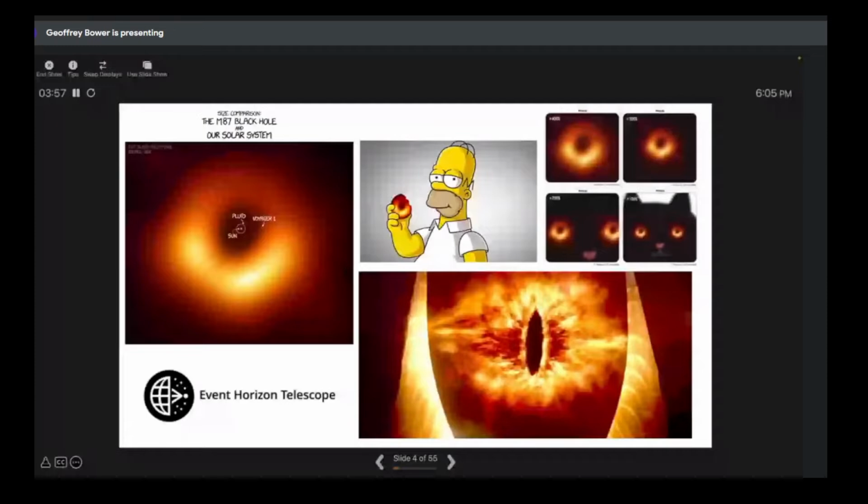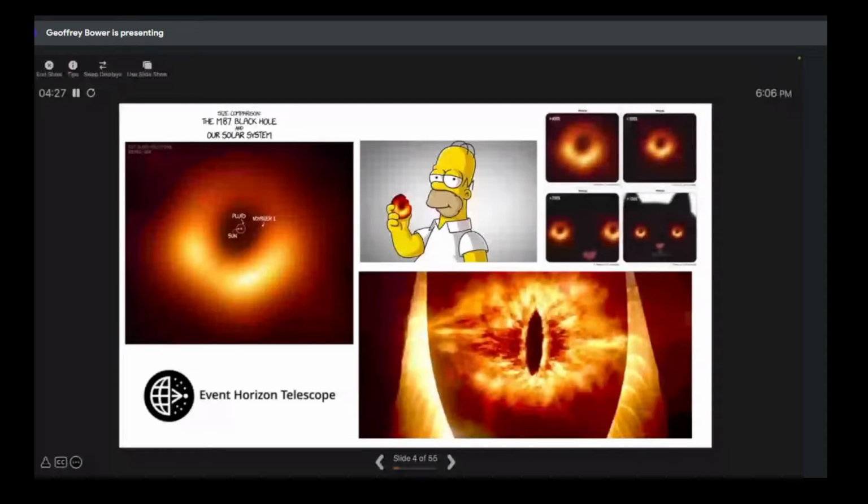That image of M87 is comparable to the scale of the outer solar system. Whereas for Sagittarius A star, not shown here, the image diameter is comparable to the orbital radius of the planet Mercury. So that gives you a sense of the overall scale.